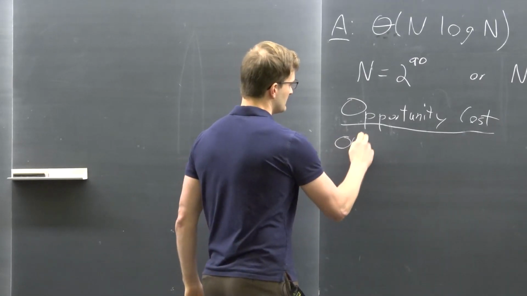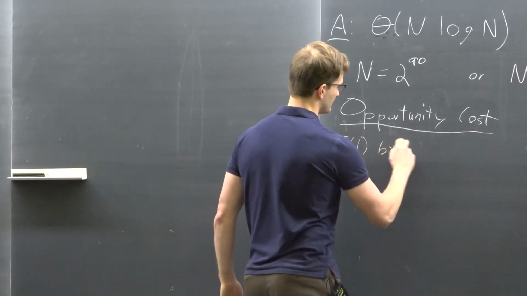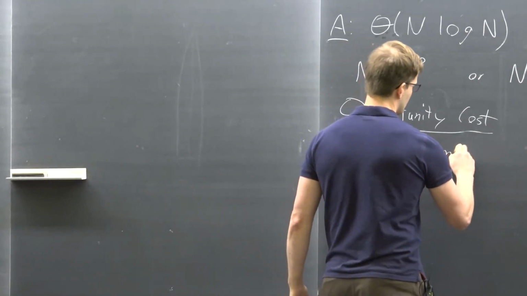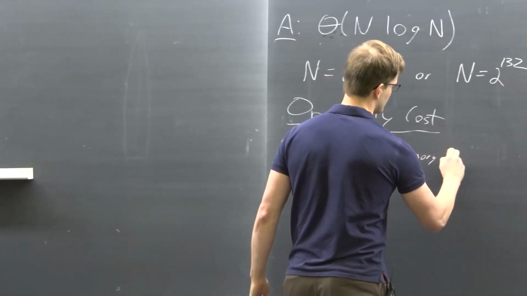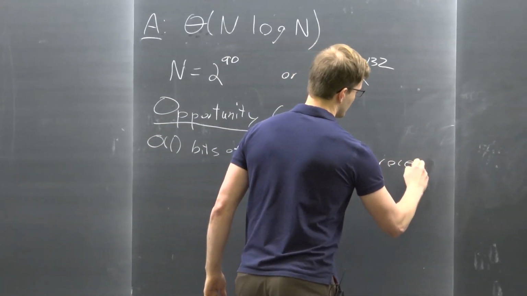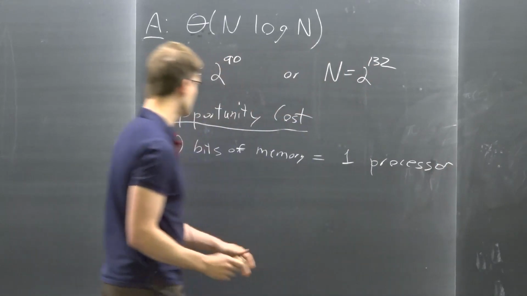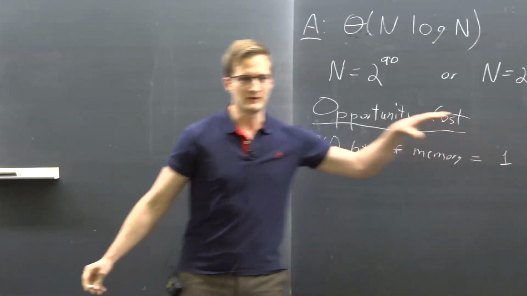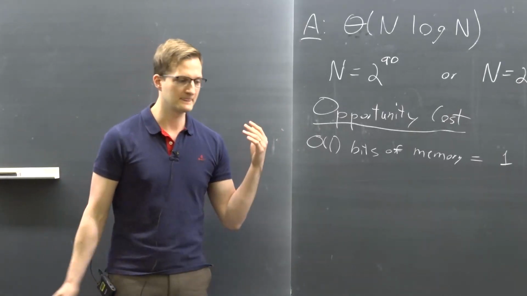And I'll say O(1) bits of memory. So there's some constant ratio between the number of bits of memory and one processor when I'm thinking about the cost of this computer.